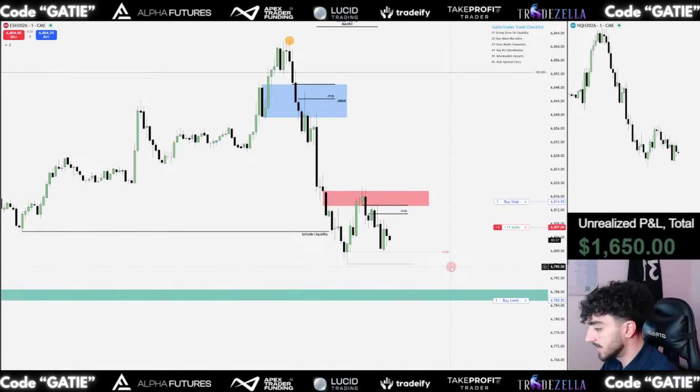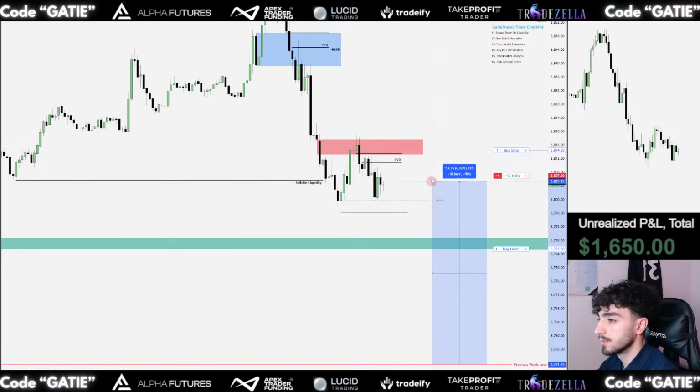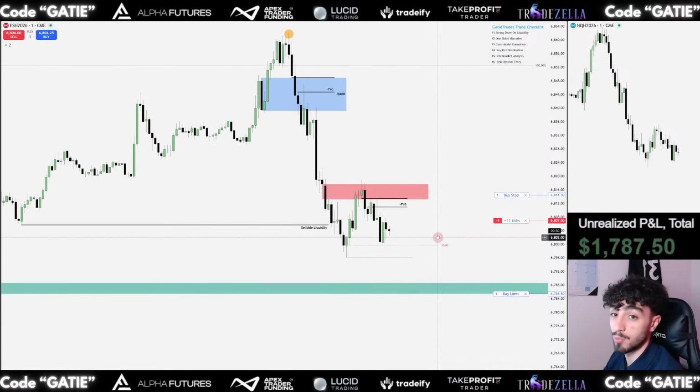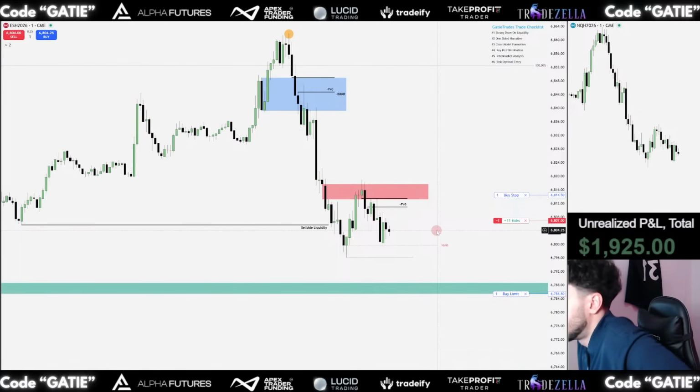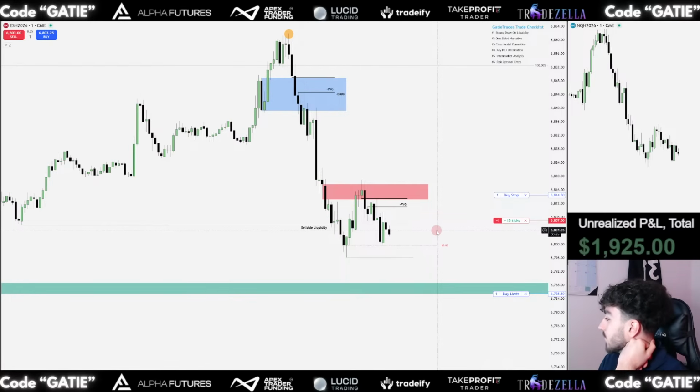Now, obviously, the best case scenario for this trade is all the way down here. That's a 55-point run. That's pretty low. That's the best case scenario. Do I need that? No. Could we get it? Possible.